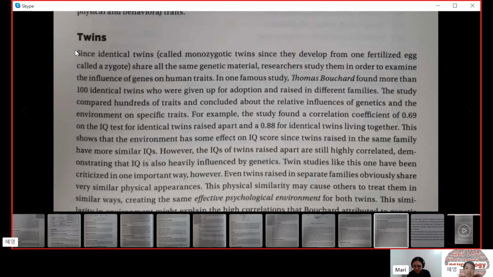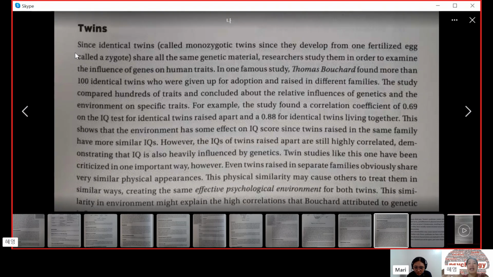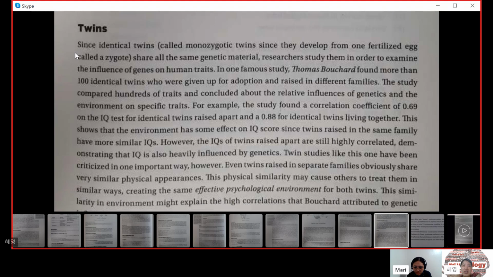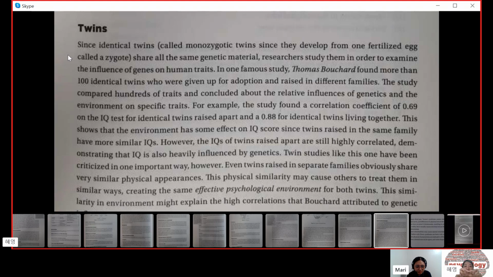It is about the twin case. Identical twins, so-called monozygotic twins, develop from one fertilized egg called the zygote, and share all the same genetic material. Researchers study them in order to examine the influence of genes on human traits.